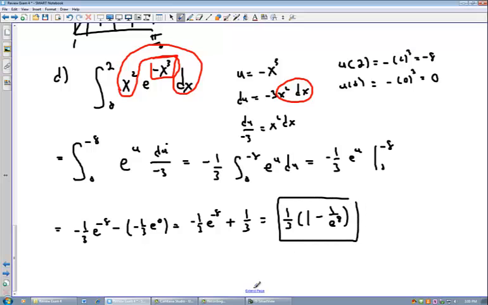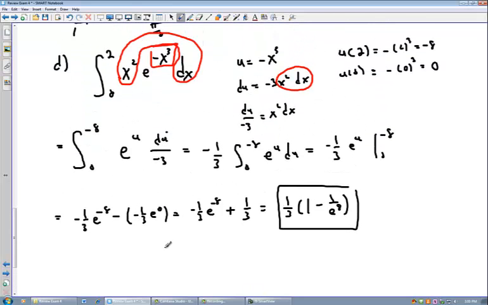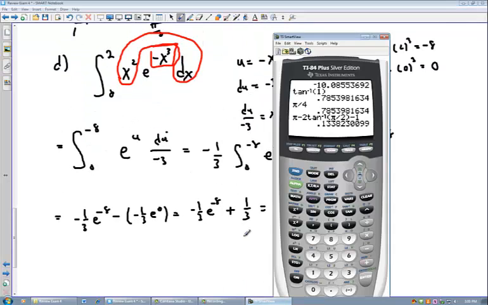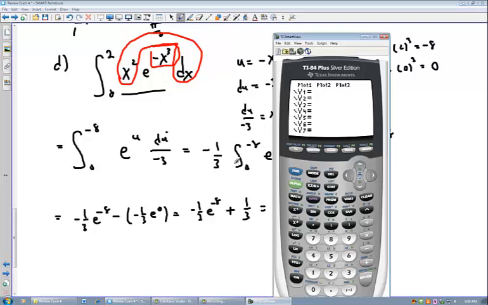And I can check my work by graphing my integrand. So here I have y equals, clear. So I'm going to graph this right here. And then I can look for the area underneath the curve because that's what the definite integral says to do.